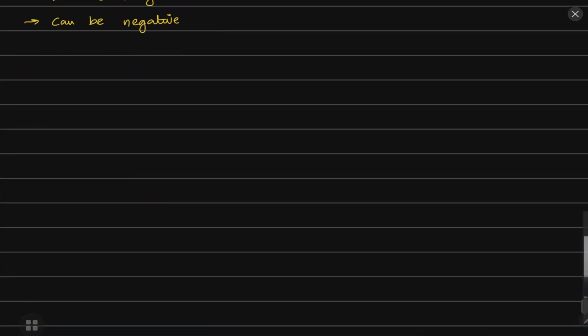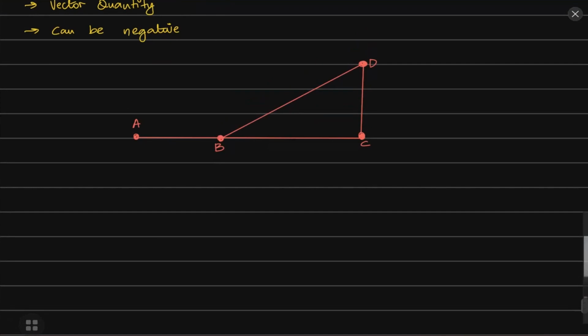Now let's differentiate between displacement and distance and what exactly is going on over here. So we've got a point, say this is point A. Let's call this point B. This would be C, and let's say this is point D. It's very important for you to understand distance and displacement with the help of this diagram, because that's basically how you would distinguish them.